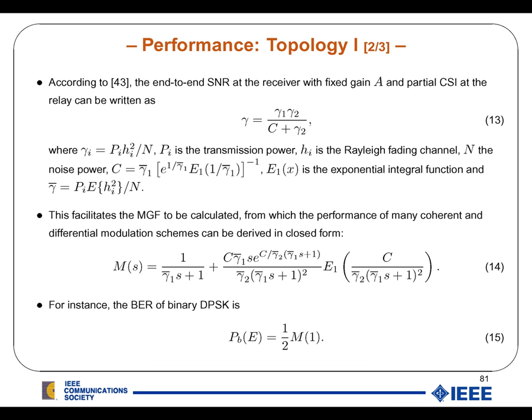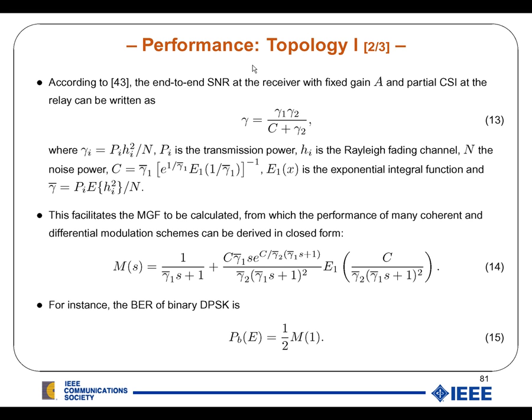According to 43, you can express the end-to-end signal-to-noise ratio gamma with a fixed gain A in this form here, which is the harmonic mean. So it is gamma 1, the SNR of the first link, which is given here, multiplied by the second one, divided by a constant, which is given here, and which is the result of a few power normalizations along that chain, plus gamma 2.